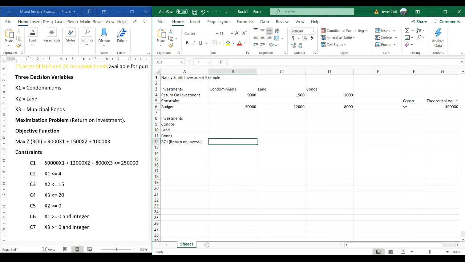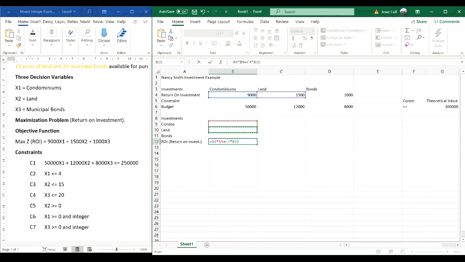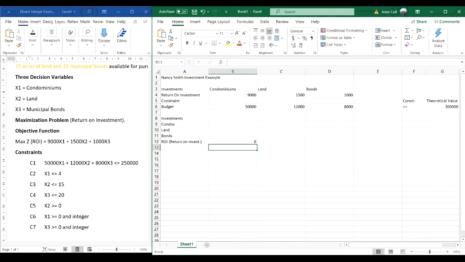Return on investment is where we have to enter our example. So return on investment is the return from condominiums times the number of condominiums plus the return from land times the amount of land plus the return from bonds times the amount of bonds. Very simply.